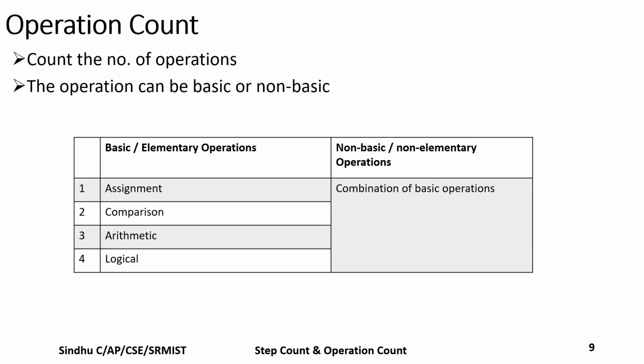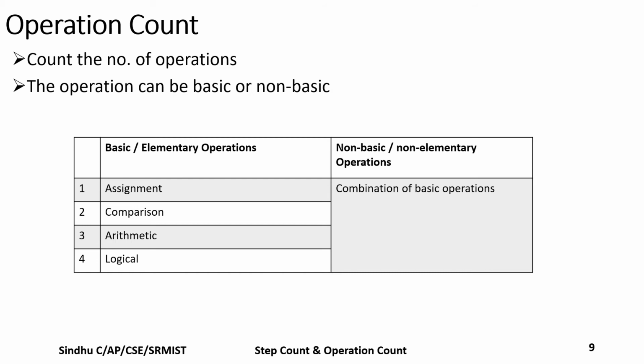Operation count is another method to analyze algorithms. Here, the basic idea is to count the number of operations. Here, we are not bothered about steps anymore. These operations can either be basic or non-basic. As the term says, basic is also called an elementary operation.